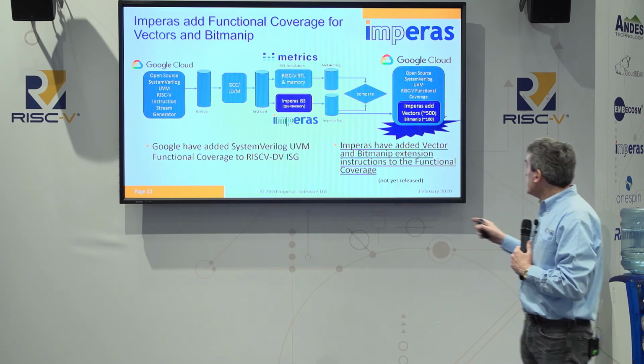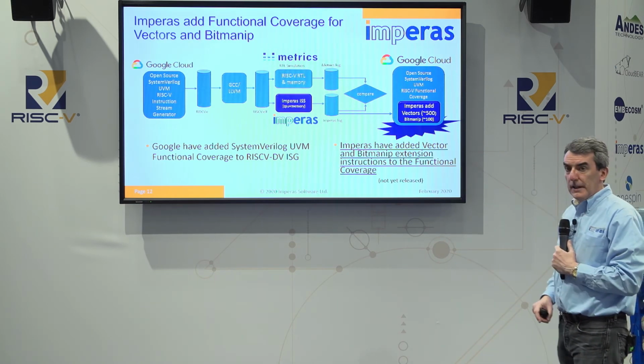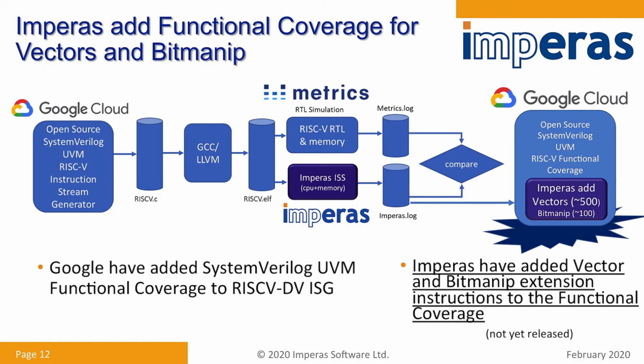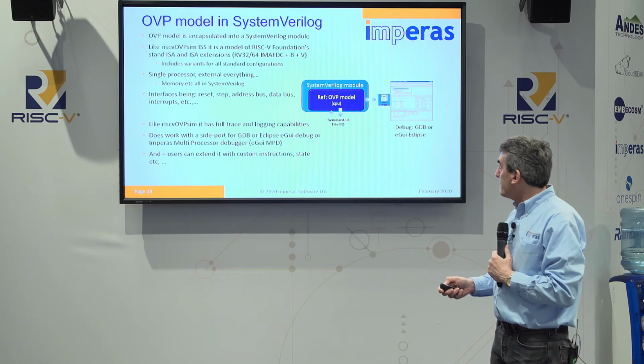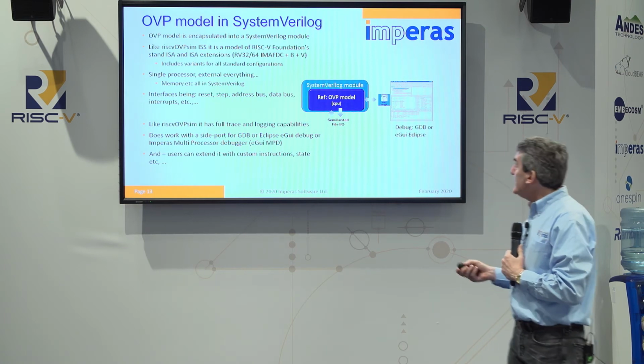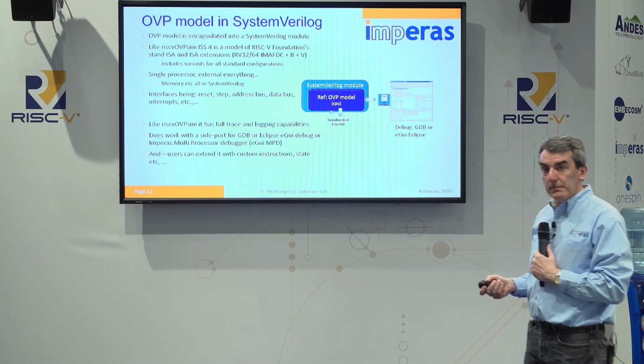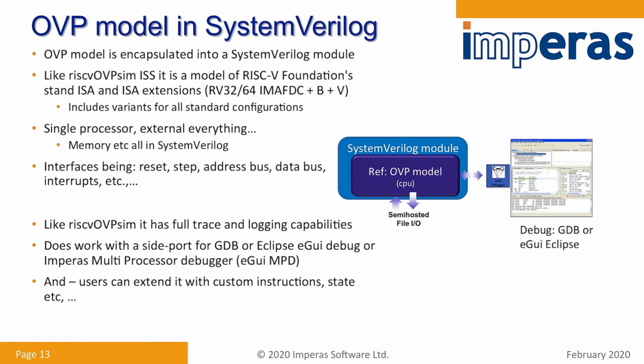We've extended this and added the vectors and the bit manipulations. So we can now cover all of the tests that are currently available. Now, in addition to that, we also work with SystemVerilog. This works with DV engineers that want to build a virtual platform to test their environment with the real RTL. So we're running an RTL simulation with our embedded model.